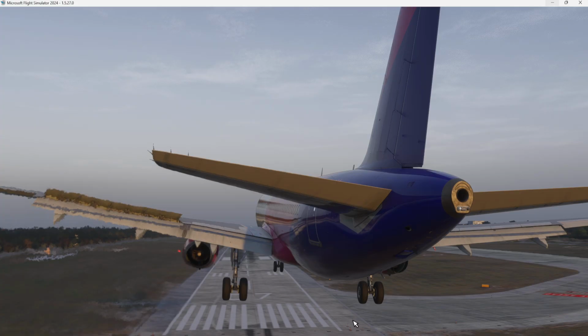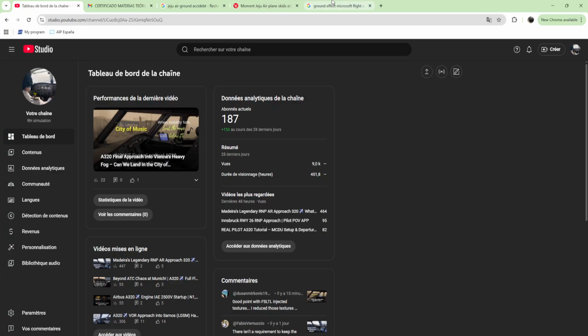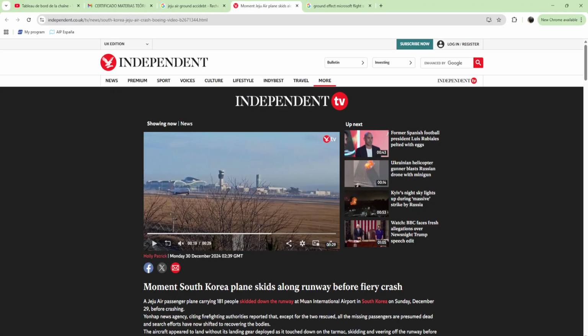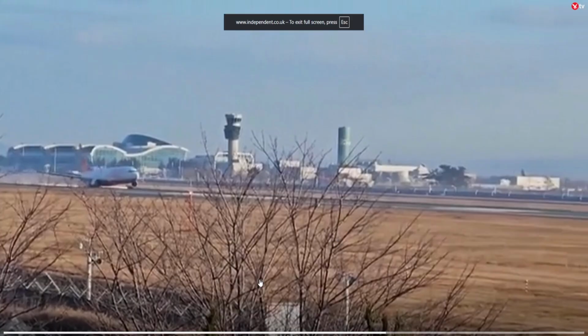And this unfortunately happened on the 30th or 31st of December 2024 with the Jeju Air flight, as you can see over here. The pilots had an engine failure, but in this scenario I saw that from the beginning of the runway they floated too much, unfortunately.